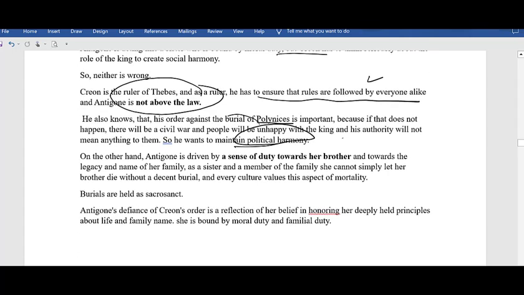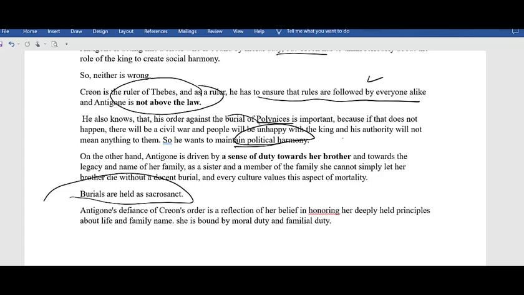On the other hand, Antigone is driven by a sense of duty towards her family name and towards her brother, and therefore, as a sister, she cannot simply let her brother die without a decent burial. We know that burials are very sacrosanct even in a modern society like ours today. Imagine the importance it would have for a classical society, which is very dependent upon the relationship between God and humans.